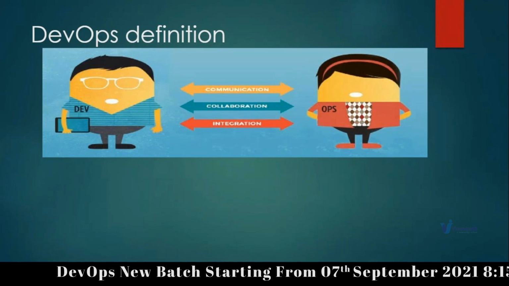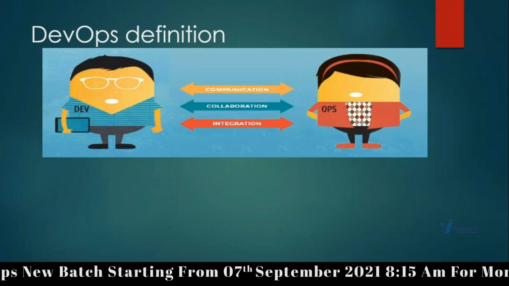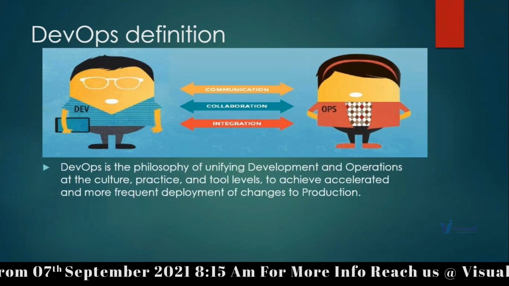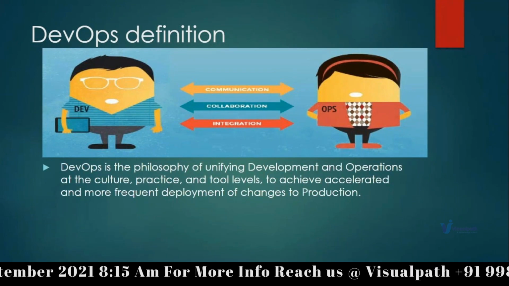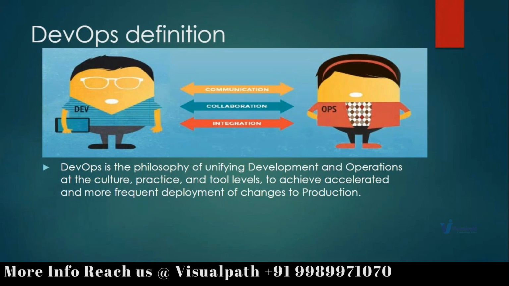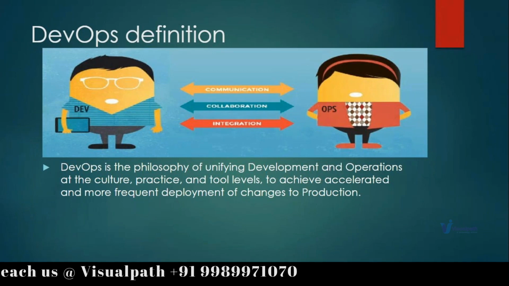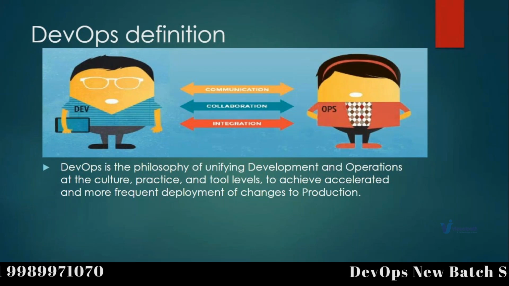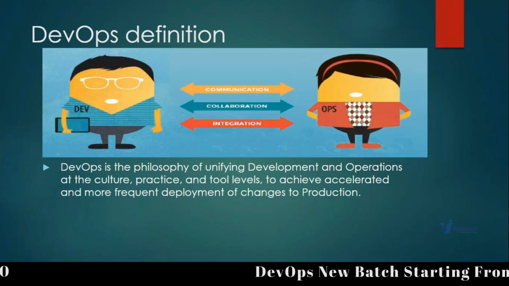All right, but that was the objective of DevOps and the definition of DevOps. If you want to know, I like this definition. I think I got this from DZone. I need to put the source link over here. So DevOps is the philosophy of unifying development and operations team at culture, practice, and tools level. So DevOps is not a tool. DevOps is not a technology. DevOps is not just a process.